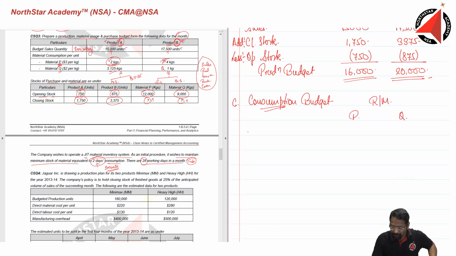To make the consumption budget, the first data that we need is the production budget.